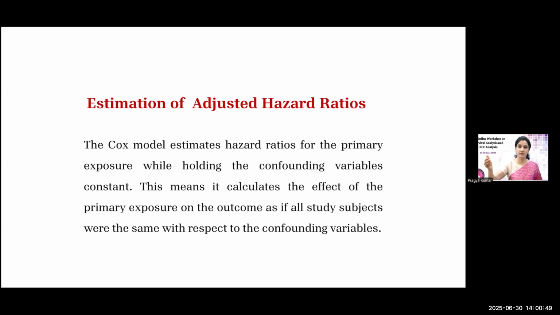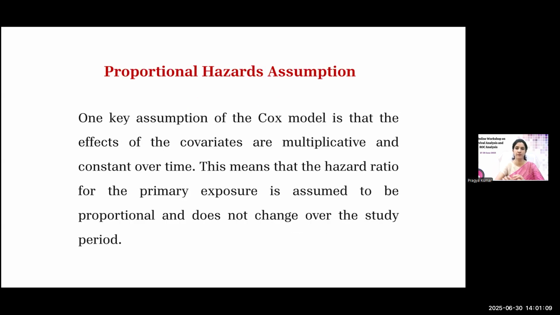We will see that more in the interpretation. It keeps other variables constant, that means everyone has the same level of that particular variable, and then it calculates the independent hazard ratio for that particular explanatory variable.